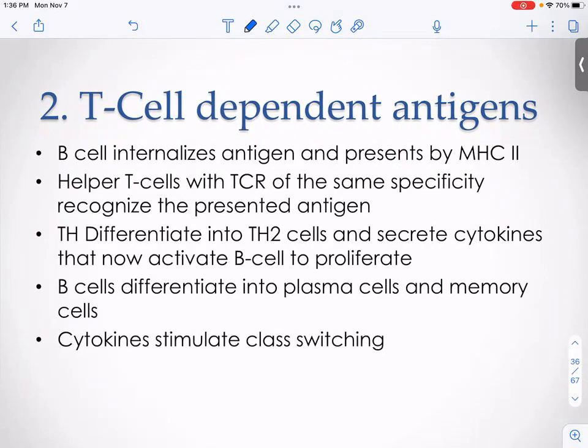The T helper cells also technically have to be activated to recognize the same antigen. When they are, they differentiate into T helper 2 cells, and they secrete cytokines that activate the B cell to differentiate into plasma cells. Then we get a fuller response because we eventually get better antibody produced.